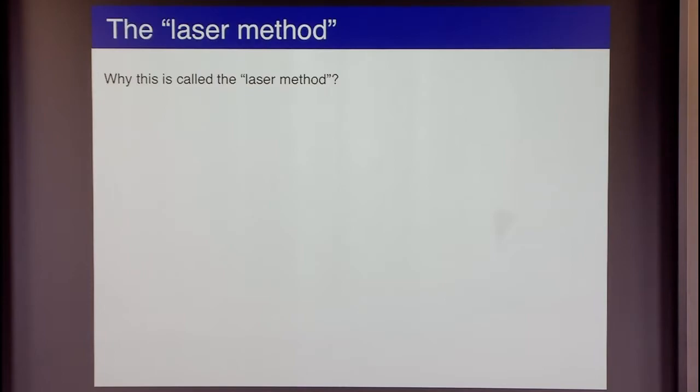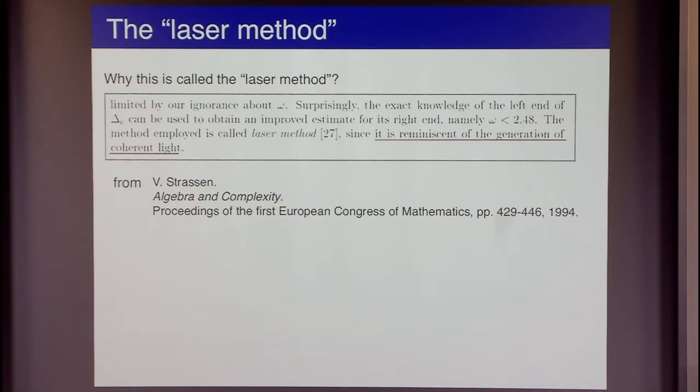Okay, so I will first work out the laser method on a simpler example. It's not very simple, but it is simpler than the full tensor by Coppersmith and Winograd. So first, why is it called the laser method? Well, I don't really know the answer, but Strassen wrote a paper where he gave one possible explanation of this term. He said that it is reminiscent of the generation of coherent light.